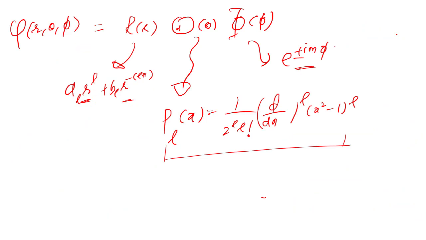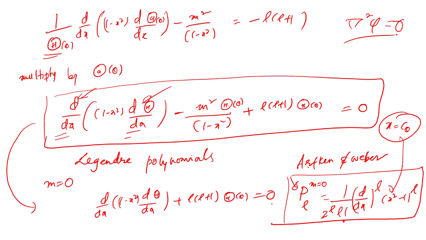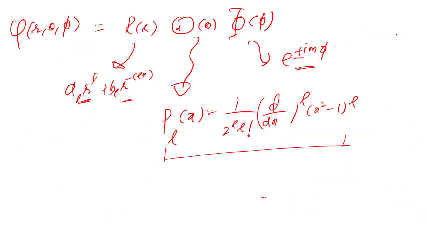But here we don't have the other solutions, because the other solutions diverge or go to infinity, and they become physically unacceptable. The only physically acceptable solutions for the theta equation are these, and to see why, we'd have to go deeper into what Legendre polynomials actually mean, which is beyond the scope of this course.